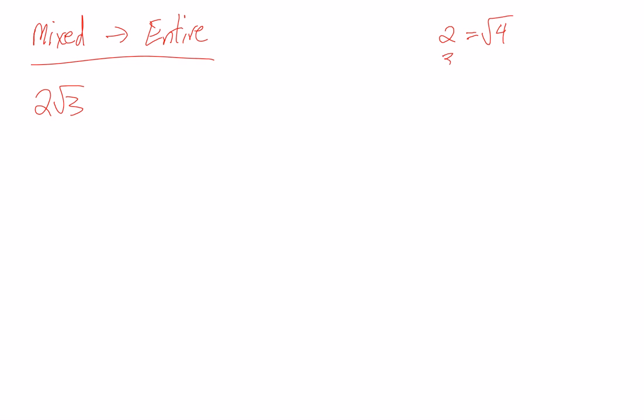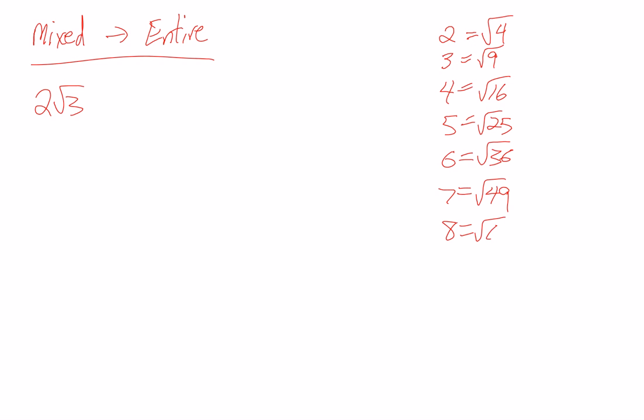So 2 is the same thing as square root of 4. 3 times 3 would be 9. 4 times 4 is 16. 5 times 5 is 25. And we can keep on going down the list. I'll just do a couple more here. 7 would be 49. 8 would be 64. 9 is 81. And 10 would be 100.